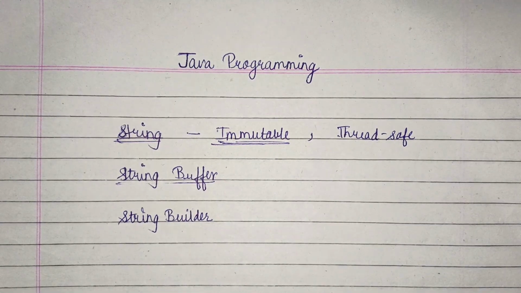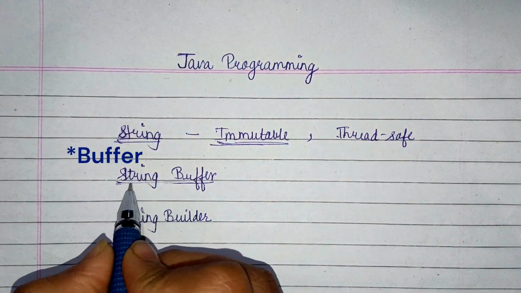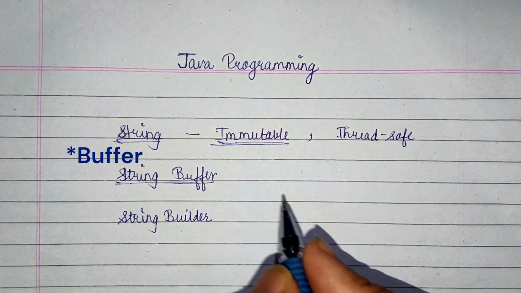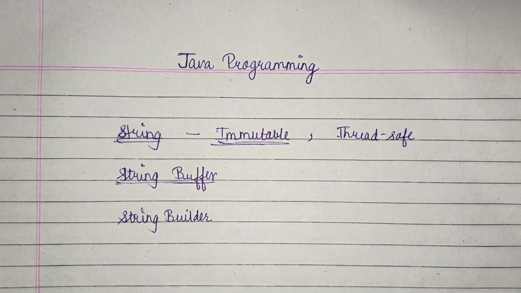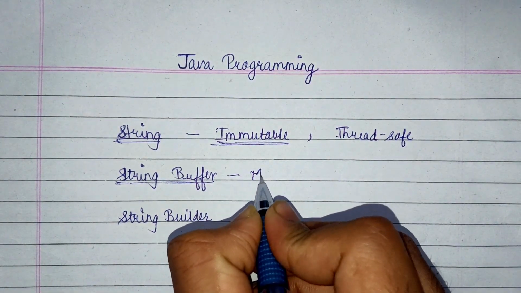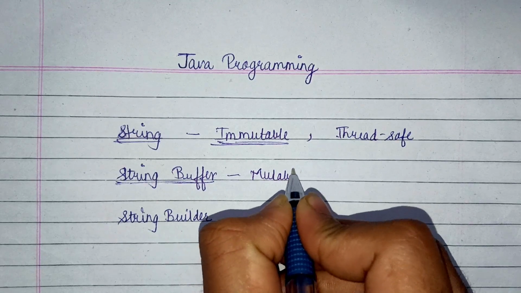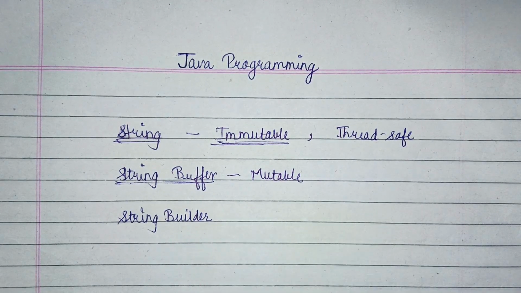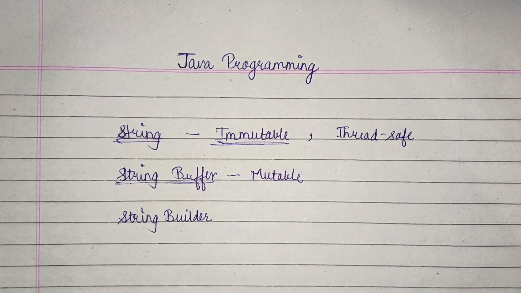The next class is string buffer. String buffer is another class, and string buffers are mutable. That means we can modify the string after creation. In string, we cannot update the string after we initialize it for a particular variable.